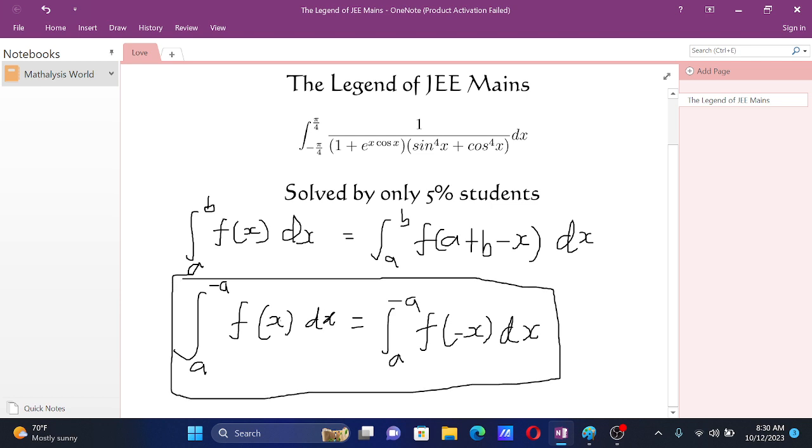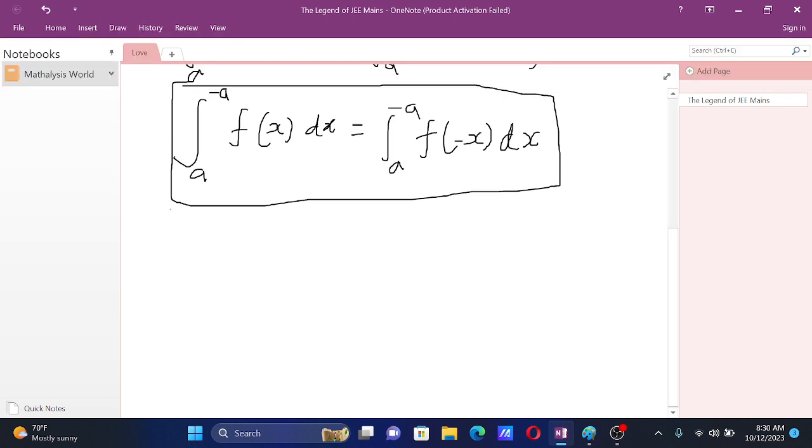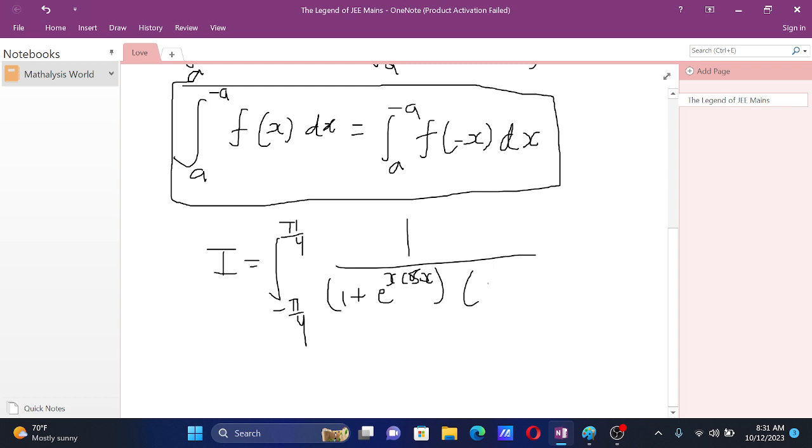F of x dx integral from a to minus a is equals to f of minus x dx from a to minus a. So I will do it over here. Our I is integral from minus pi by 4 to pi by 4, 1 by 1 plus e to the power x cos x, sine to the power 4x plus cos to the power 4x dx.